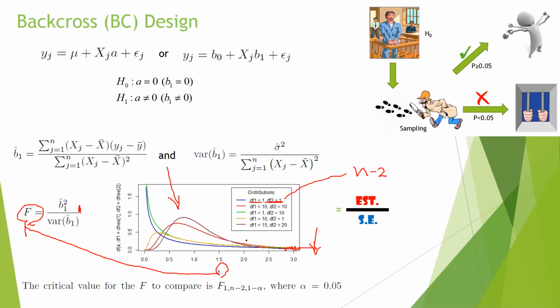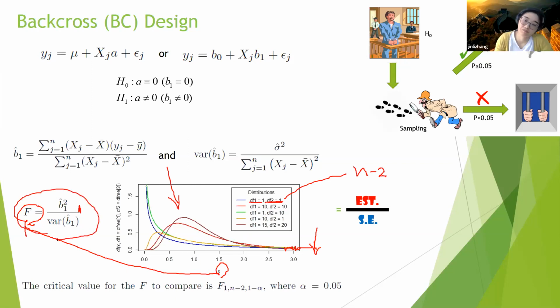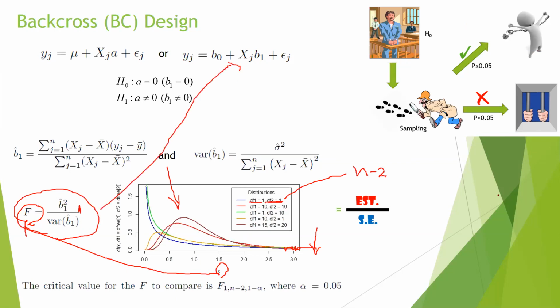But here I just give you a very general idea of what the F distribution looks like if you have different numbers for degrees of freedom 1 and 2. But in this case, if we only talk about the backcross, if we only test a single slope, you always use the F distribution where the first degree of freedom equals 1, but the second is n minus 2. Okay, yeah, good question.